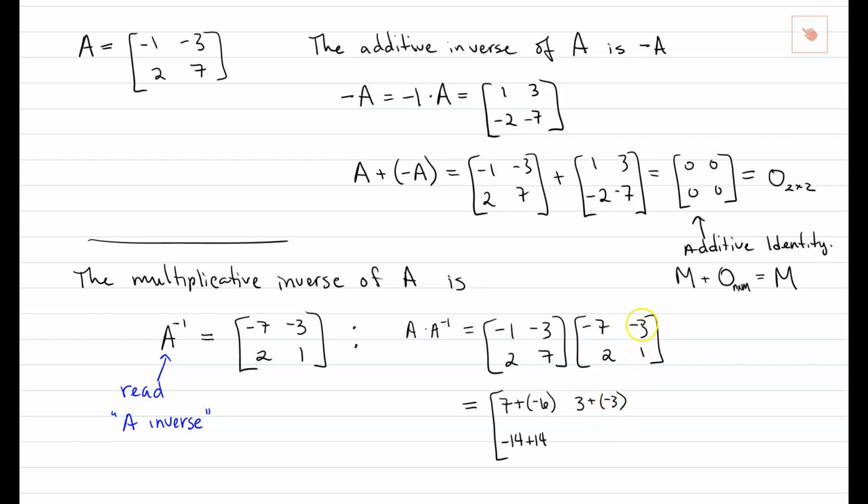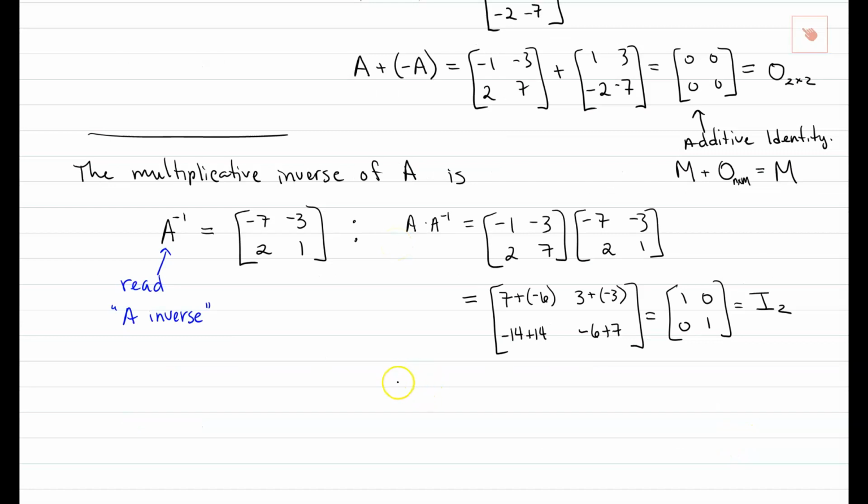And for the 2,2 entry, we'll have -6 plus 7. So that gives us the identity matrix 1, 0, 0, 1. And in fact, you can check that if you multiply in the other direction as well, you can work this out yourself, you'll also get the identity matrix. And that identity matrix is the multiplicative identity.